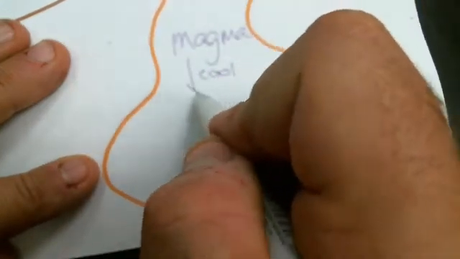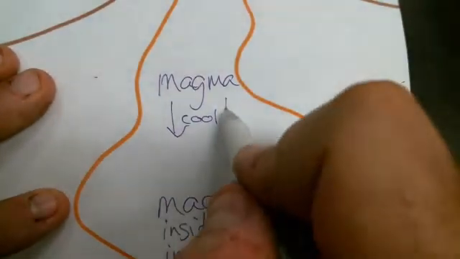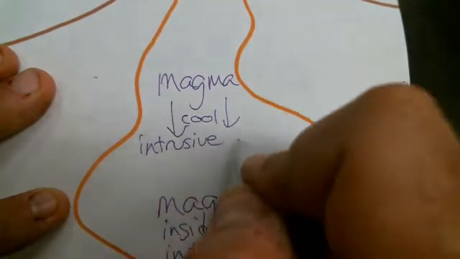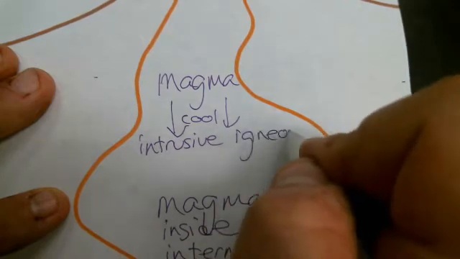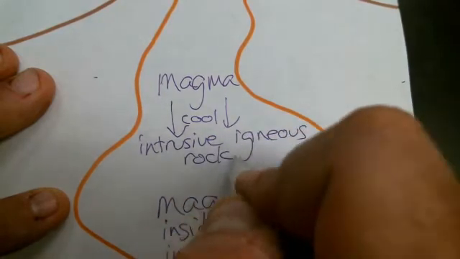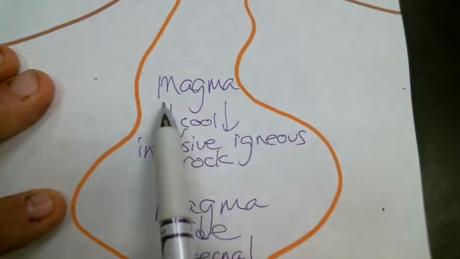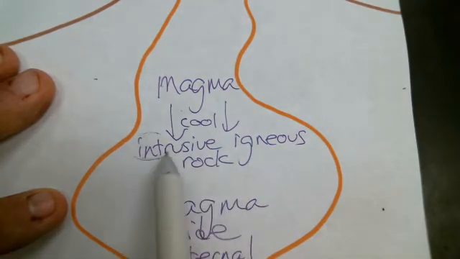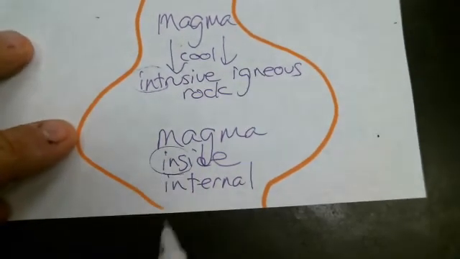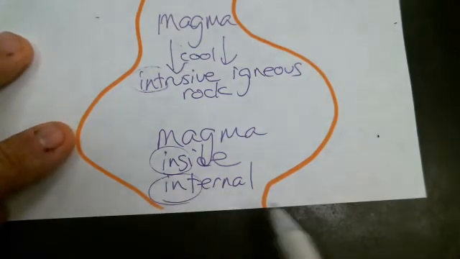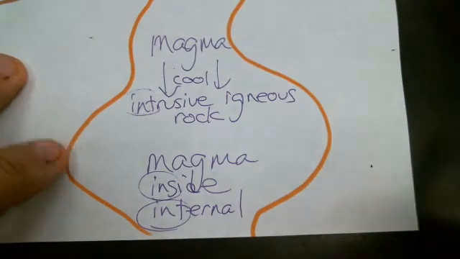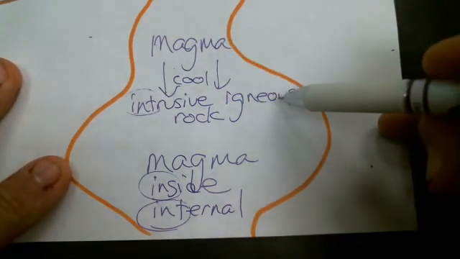So cool next to some arrows here, and that makes intrusive igneous rock. The liquid magma will cool and form intrusive igneous rocks. We can remember it's intrusive because magma is on the inside of the earth, the internal part of the earth. And all liquid solidifies into igneous rock.